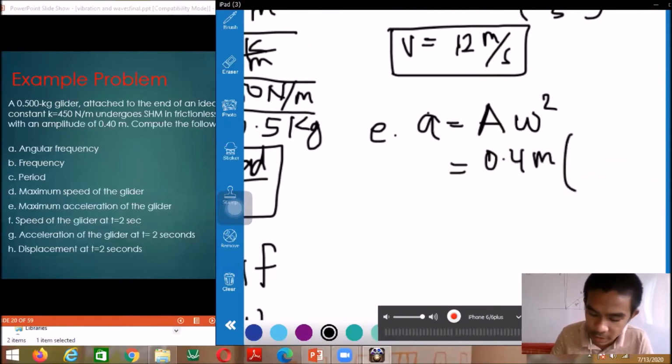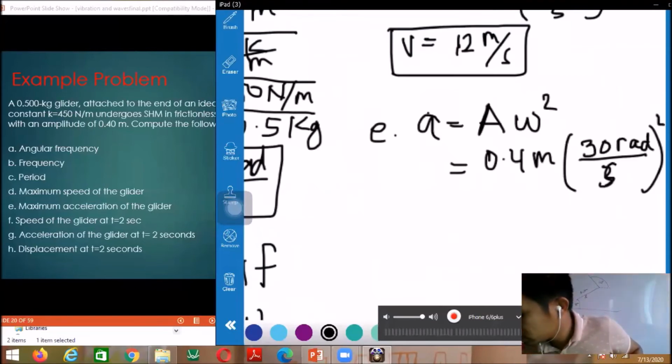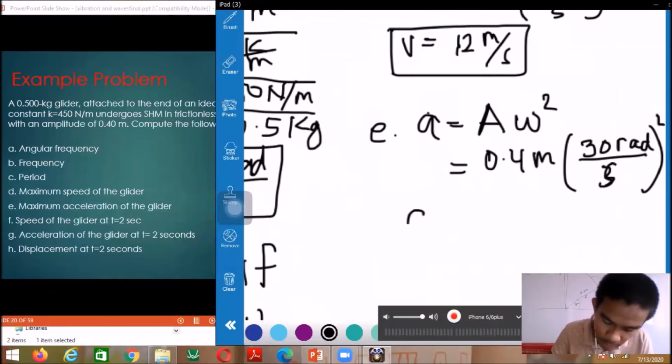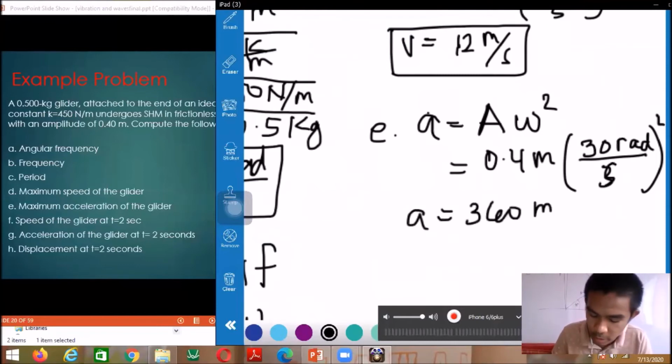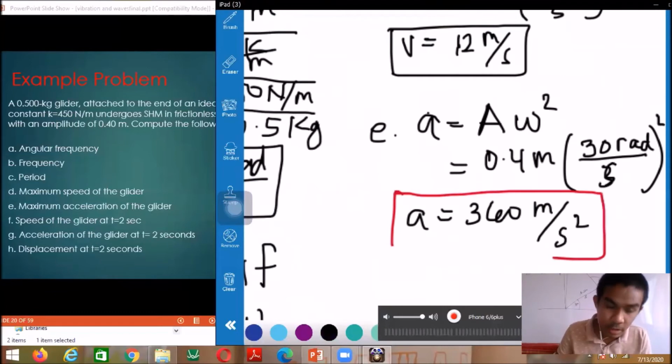The angular frequency is 30 rad per second, squared. Then the maximum acceleration is 360 meters per second squared. Okay. We have the maximum acceleration.